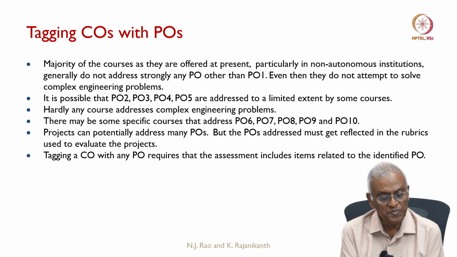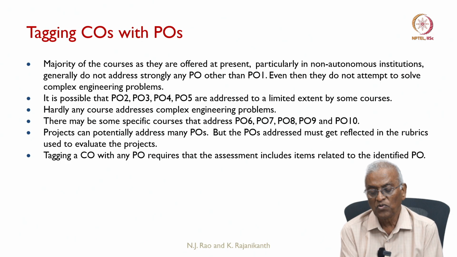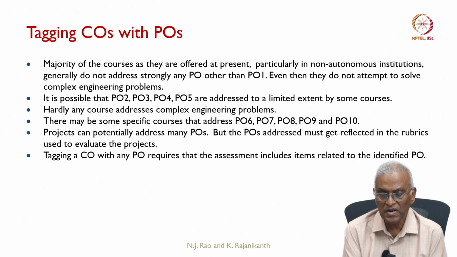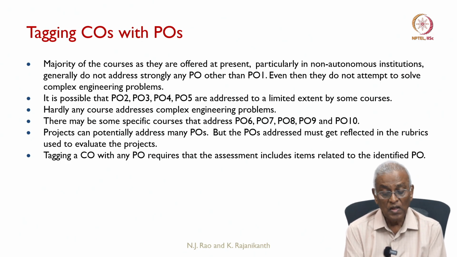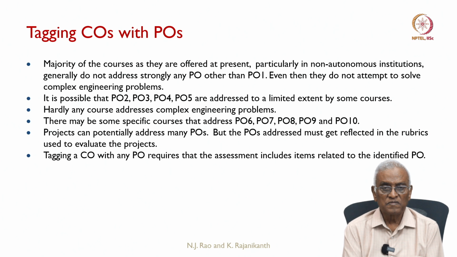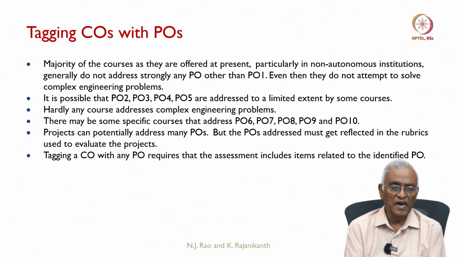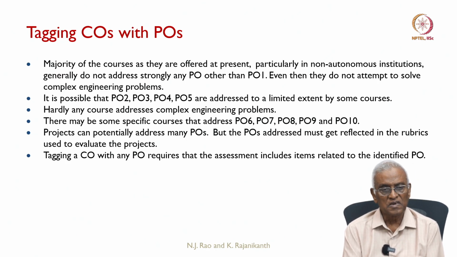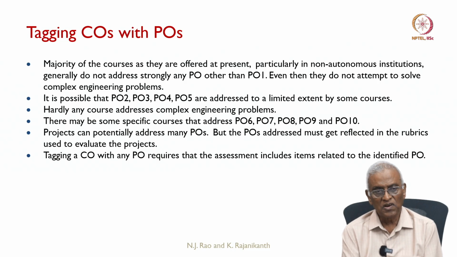There may be some specific courses that address PO6, PO7, PO8, PO9 and PO10. Like what is PO6? It is related to engineer and society, which also includes sustainability. You can have a course on sustainability, you can have a course on environment and so on.